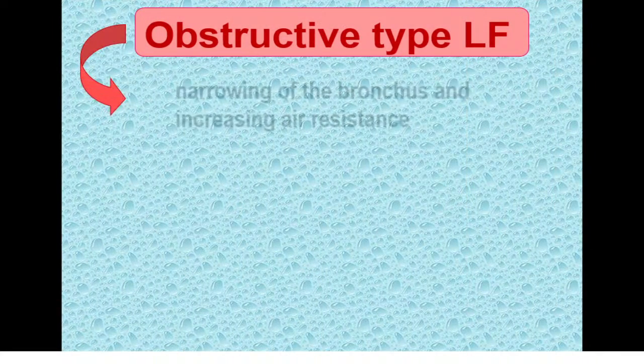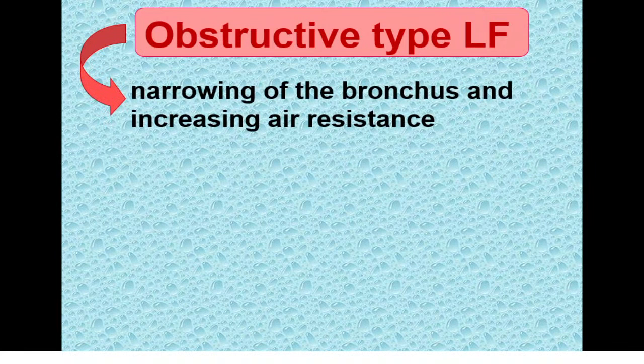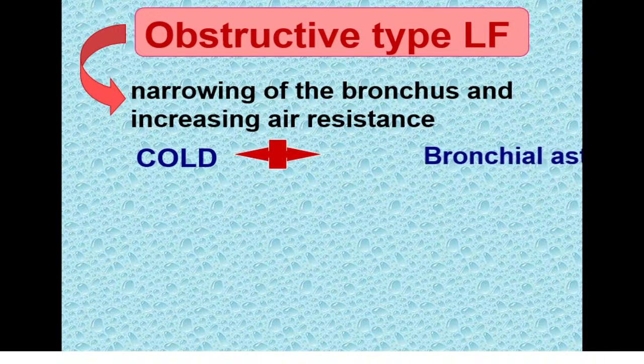Obstructive type of lung failure appears due to narrowing of bronchial lumen, and it's more characteristic for chronic obstructive lung diseases and bronchial asthma. Chronic obstructive lung diseases due to affection of morphological characteristic of bronchus, decreased its elasticity and progressive narrowing of lumen due to pathological growth of connective tissue.